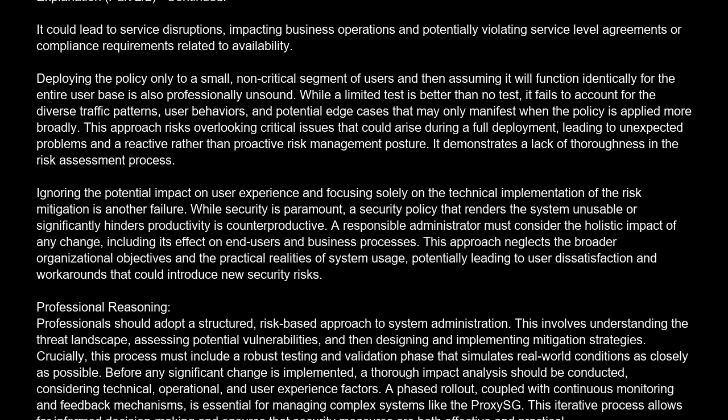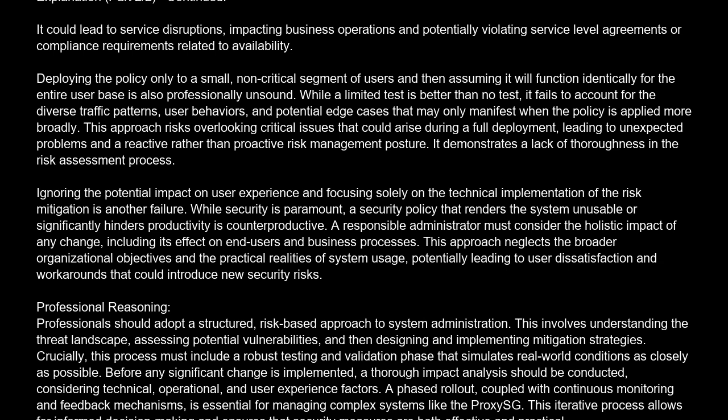Professional reasoning. Professionals should adopt a structured, risk-based approach to system administration. This involves understanding the threat landscape, assessing potential vulnerabilities, and then designing and implementing mitigation strategies. Crucially, this process must include a robust testing and validation phase that simulates real-world conditions as closely as possible.